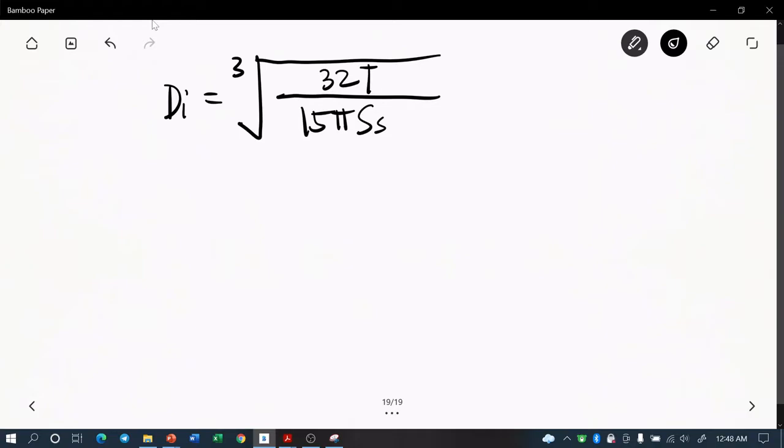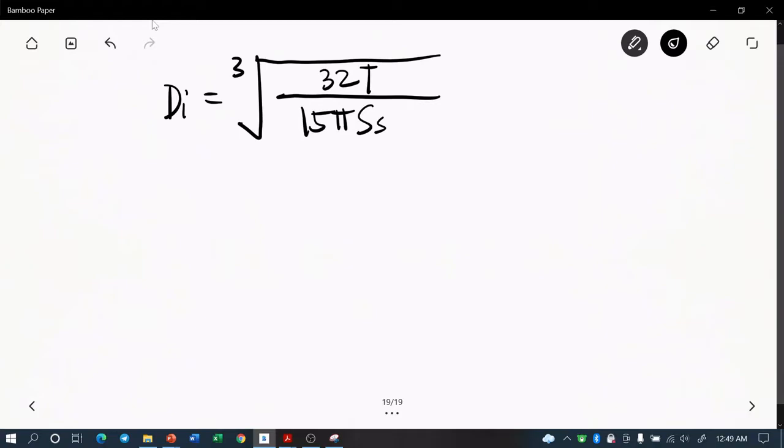Alright, so we have just solved the torque in our first requirement, which is 276.32 inch-kips, and also the S sub S, or the design stress.